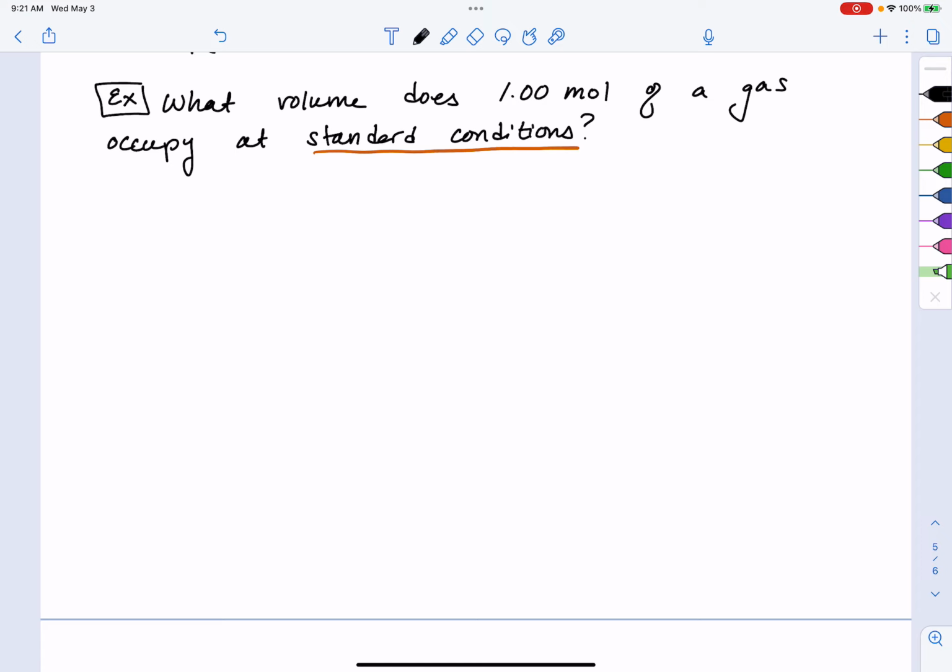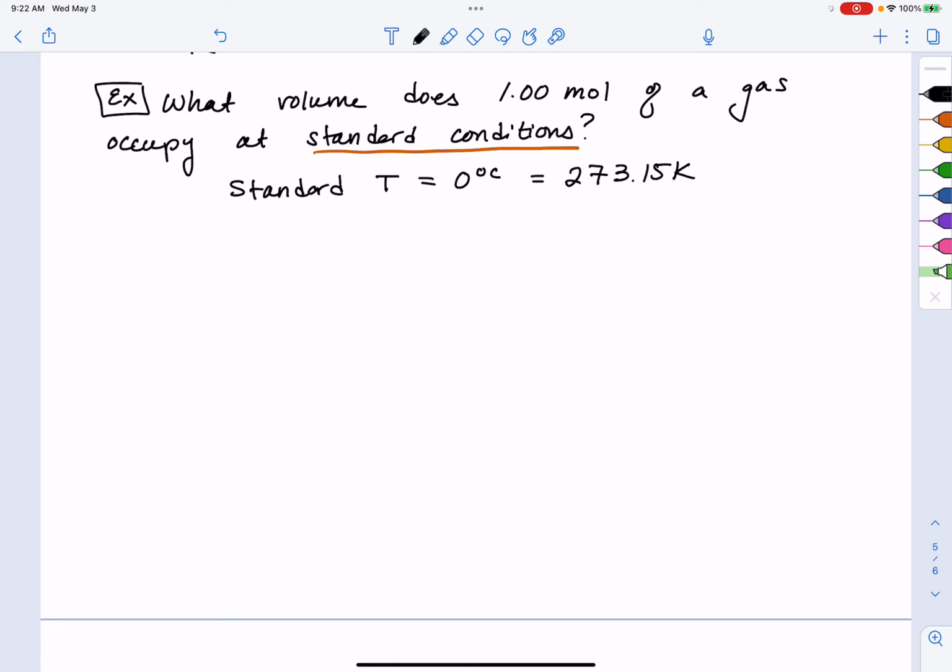So standard temperature in the case of gases is, let's see here, 0 degrees C or 273.15 Kelvin.